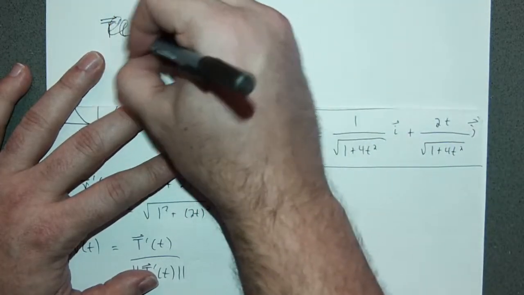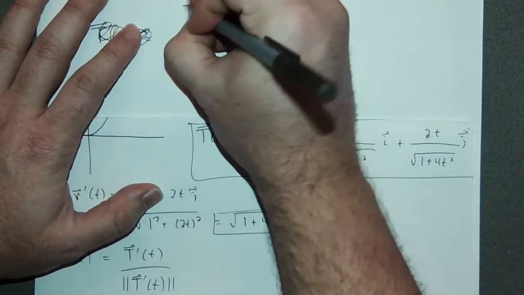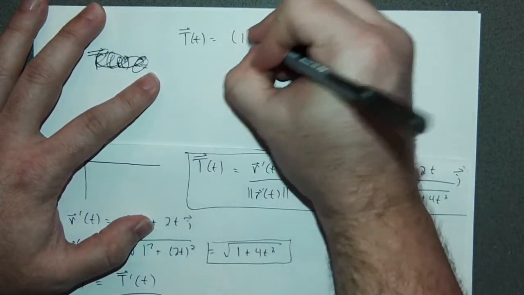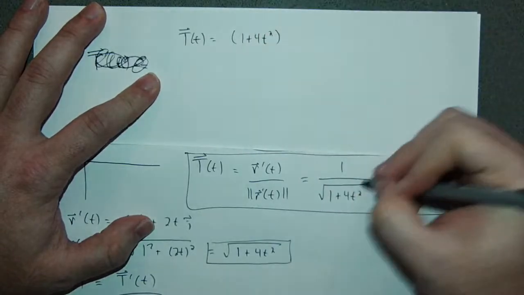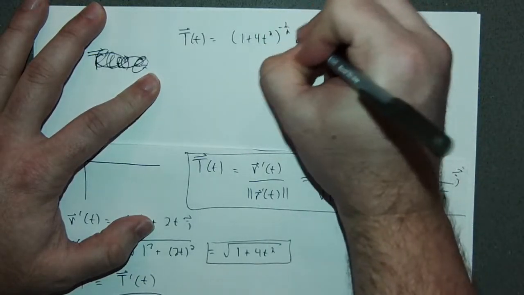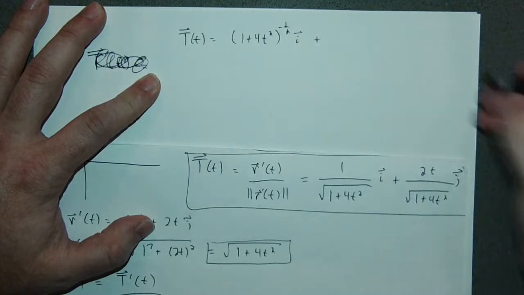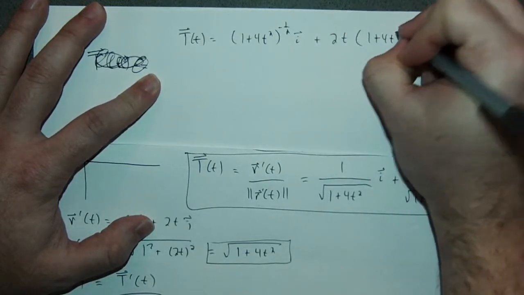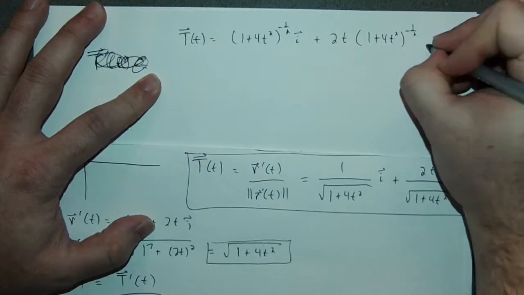So here, let's rewrite T, and then let's compute the derivative. So rewriting T, I'm going to rewrite T as 1 plus 4t squared to the minus 1/2 i plus 2t times 1 plus 4t squared to the minus 1/2 j.